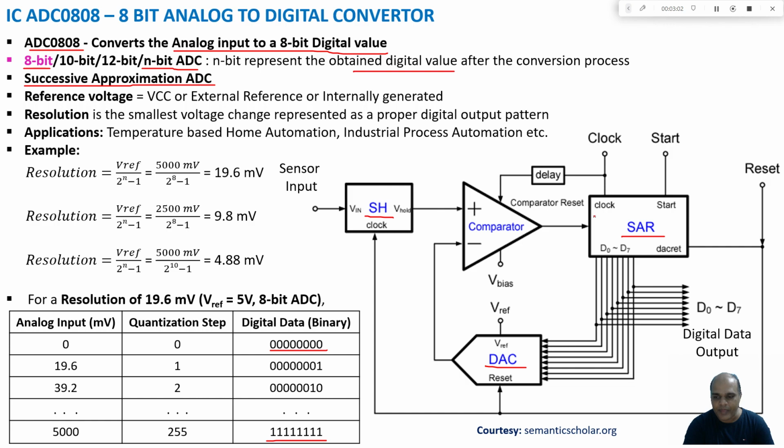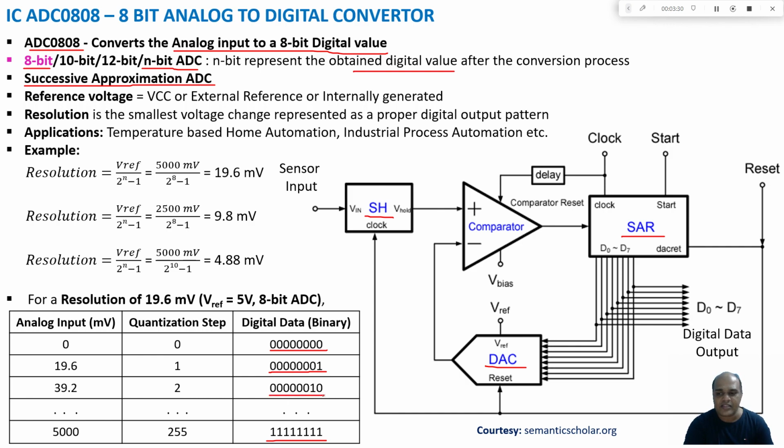If it does not match, then the next binary bit pattern, 7 zeros 1, will be taken from the SAR and given as an input to your DAC, and the DAC will produce the corresponding voltage for that binary bit pattern. Again, this voltage will be compared with your sensor input. If it matches, then that result, 7 zeros 1, will come as an output. If it does not match, then it goes to the next combination.